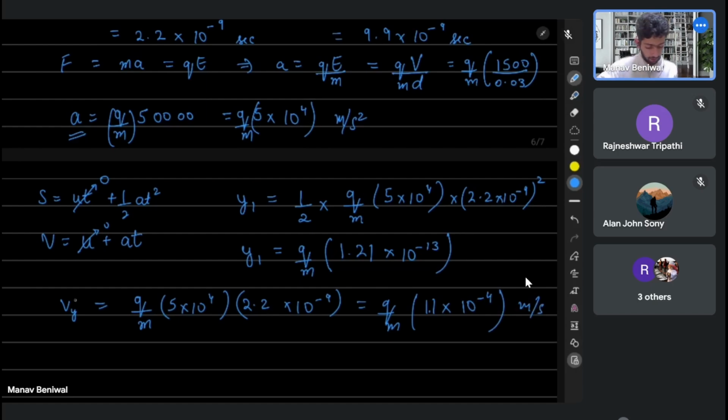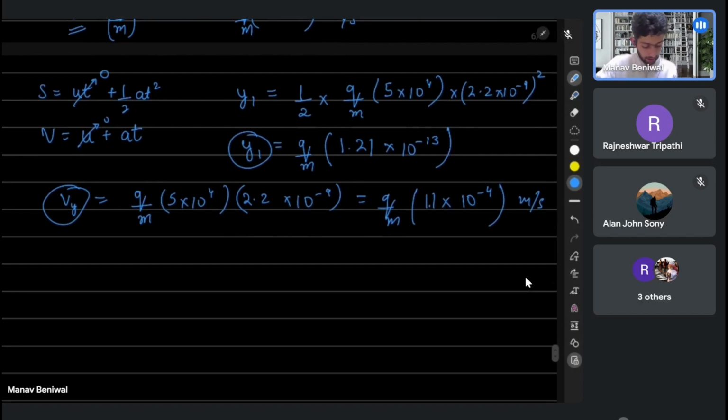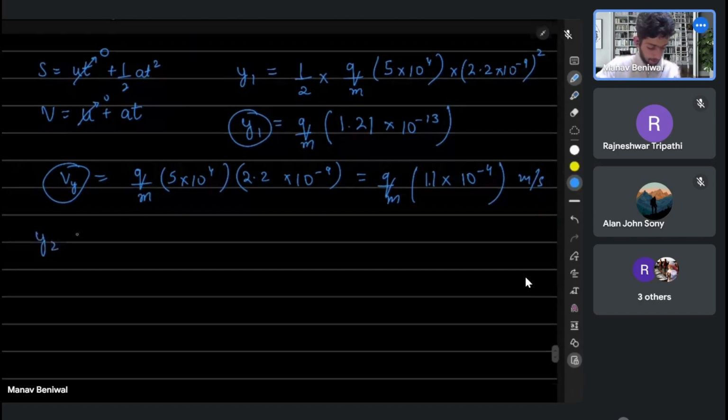Now we have Vy and we have y1. So we can write y2 as y1 plus Vy t2. Okay.